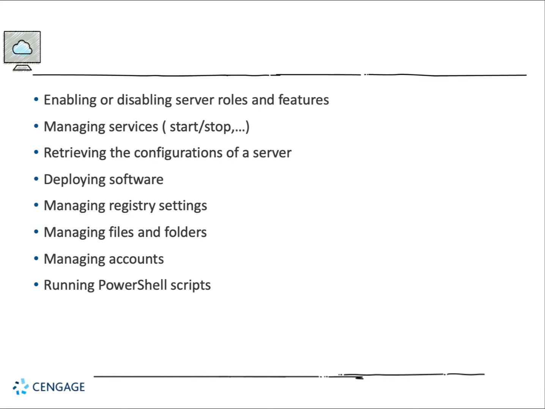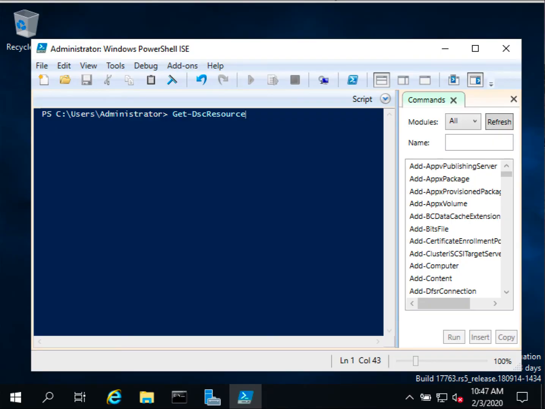Some of the automated tasks include enabling or disabling server roles and features, managing services like starting or stopping a service, retrieving the configuration from a server, deploying software, managing registry settings, managing files and folders, managing accounts, and running PowerShell scripts. The configuration tasks you can perform with DSC are based on DSC resources.